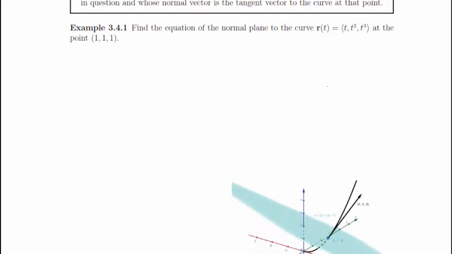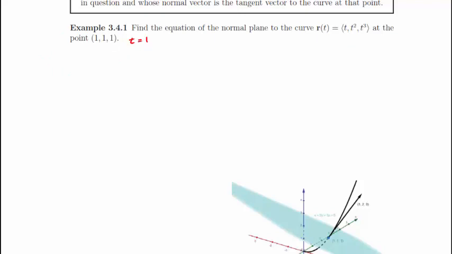Example 3.4.1: find the equation of the normal plane to the curve r of t equals the vector t, t squared, t cubed at the point 1, 1, 1. Let's right away note that this implies that t equals 1 to get this point. So if we're at that point, we want the tangent vector at this point.